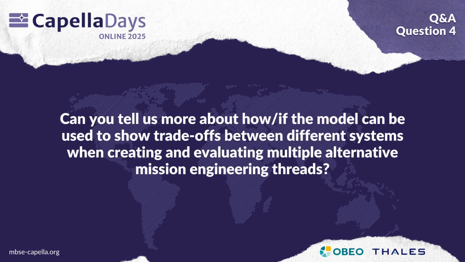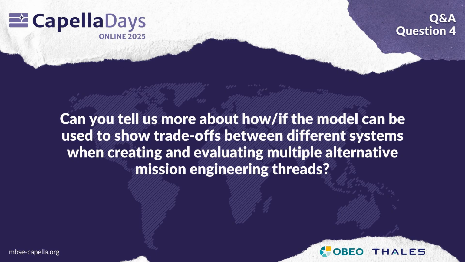So thanks for the presentation. Can you tell us more about how or if the model can be used to show trade-off between different systems when creating and evaluating multiple alternative mission engineering threads? So yeah, this is actually the second part of our work, which we are still working on, and we didn't end up presenting today.